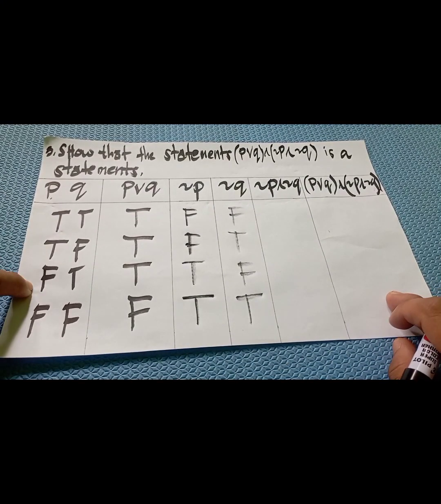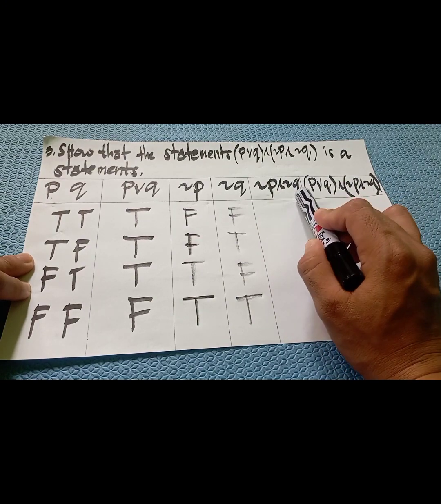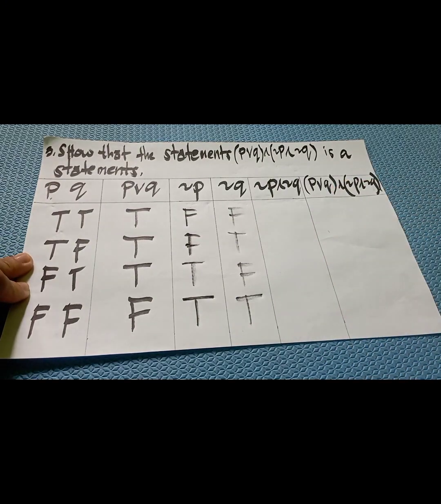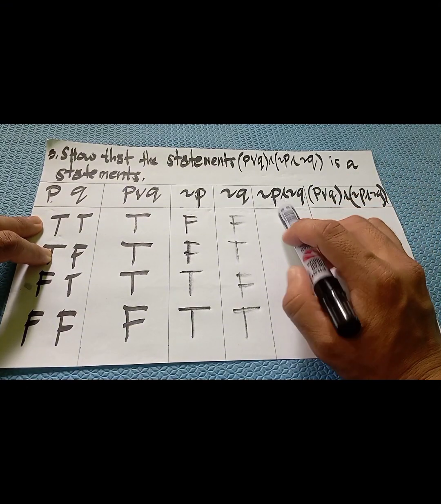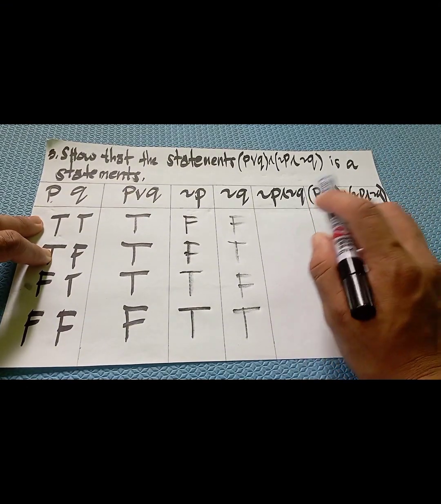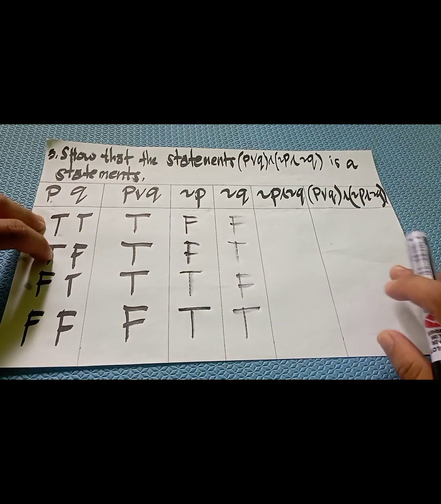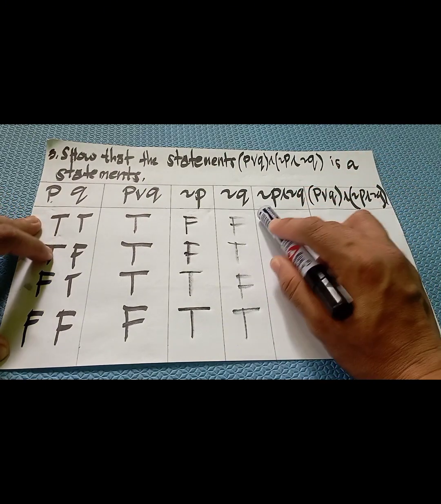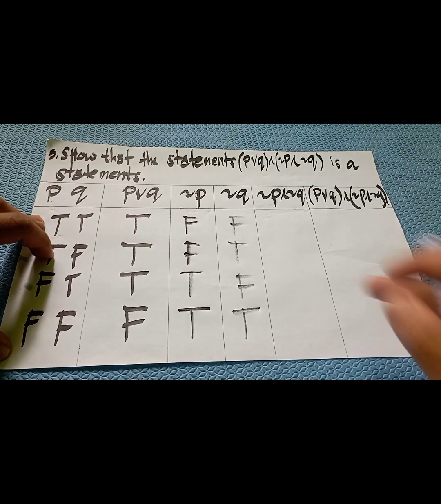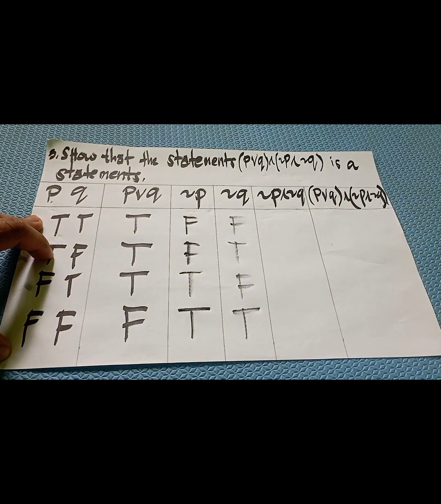Okay, now we are going to solve not P and not Q at the same time. When it comes to and statements, or conjunction statements, both components need to be true in order for the entire statement to be true. Otherwise, if not satisfied, it will be false.